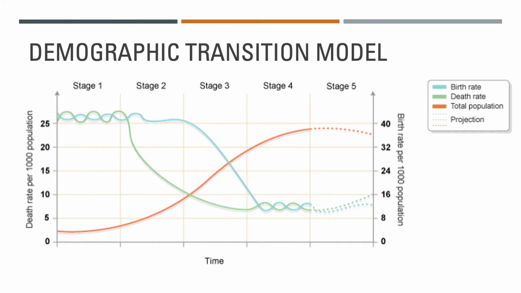So the blue line on the graph shows us birth rate, the green line on the graph shows us death rate, and total population is indicated by the orange line, although you can't really read that off either of the axes. That's just there to show you what happens to the size of the total population. Now we're going to have a look in a little bit more detail at this graph and what it all means, what the title of it means, and then go through it stage by stage to see what happens.